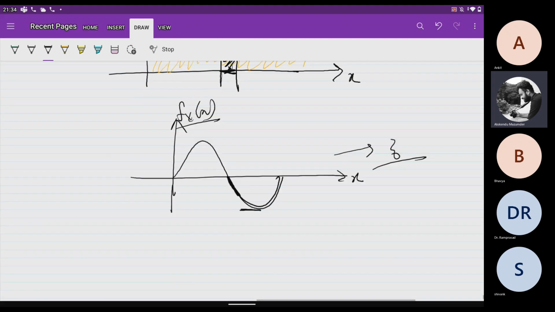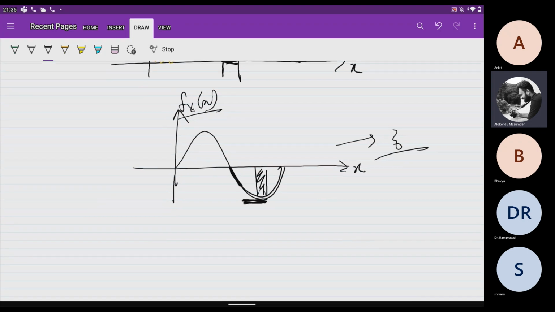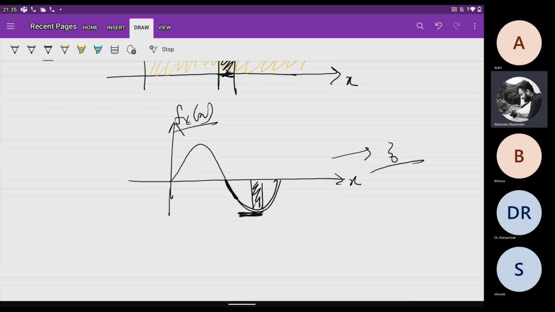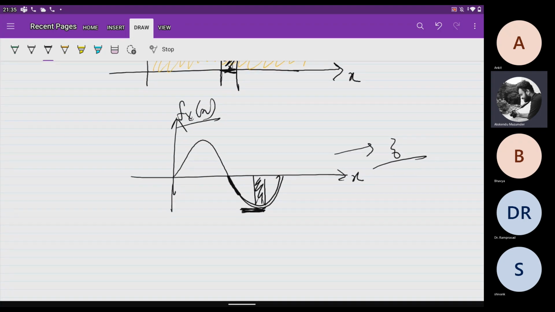Here you are getting something negative, and probability cannot be negative. So using the first property, you can also discard it, but what you said is also correct: the area will cancel out and be 0. But using the first property, you can say the function cannot take negative values.